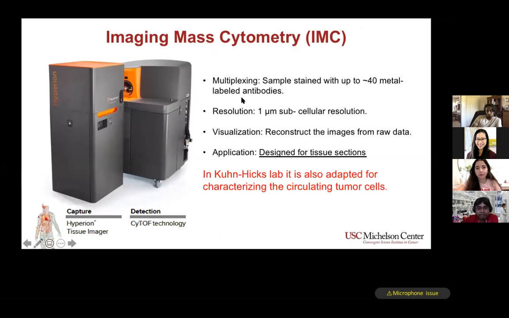What it does is you can stain a slide with 40 different metal-labeled antibodies. In traditional immunohistochemistry or immunofluorescence, you might stain the tissue or slides with 4 to 5 different antibodies, because with fluorescent-labeled antibodies, they have excitation and emission wavelengths, and there might be some overlap between the fluorophores. So the maximum you can go is 4 or 5.